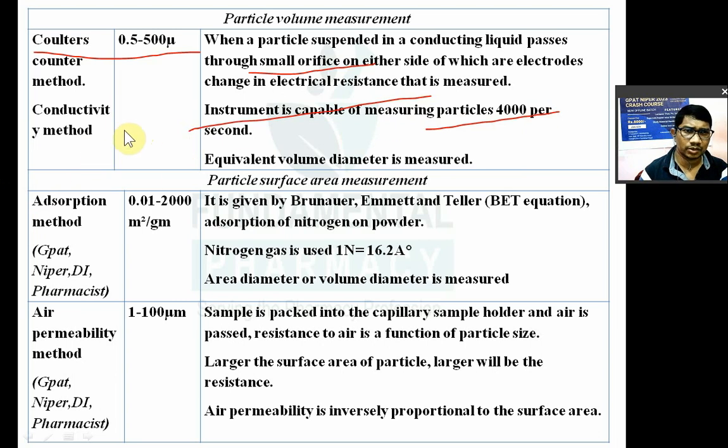Questions have already come on this, right? So the Coulter counter instrument is able to measure 4000 particles per second.